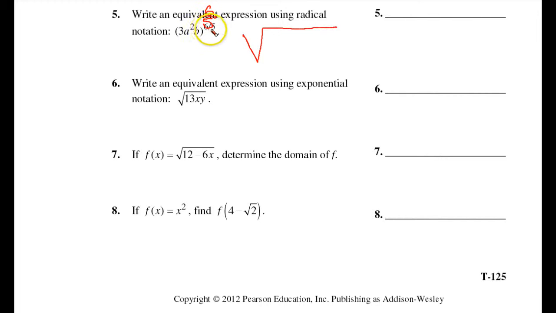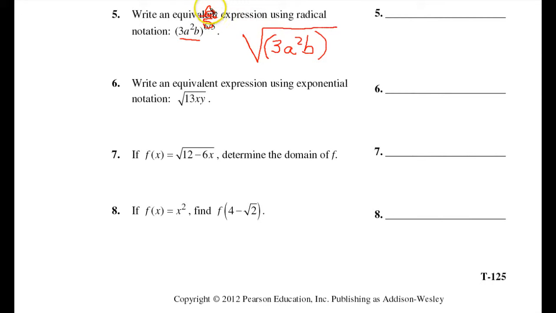I don't like the way they write it like that, but this is good. Now what we do is, whatever the base is, that becomes our radicand. And we can put it in parentheses also. So 3a squared b.